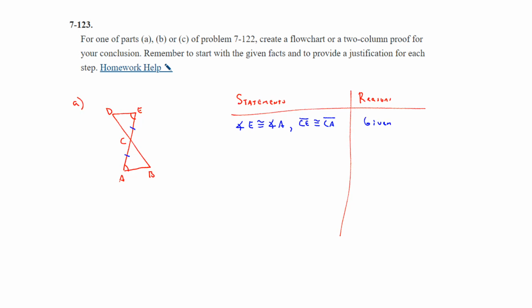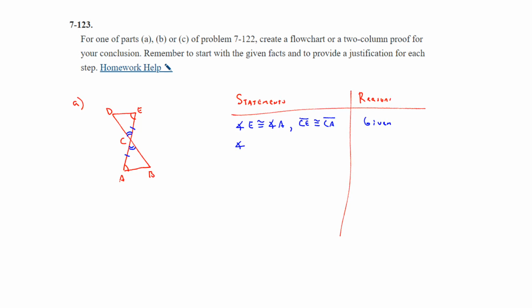We have the statements: angle E is congruent to angle A, and line segment CE is congruent to line segment CA. Those were given to us. The other thing that we found out when we did this problem is that angle DCE and BCA are also congruent by vertical angles. So we'll write that down.